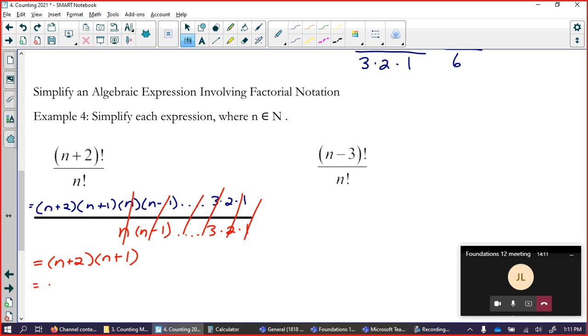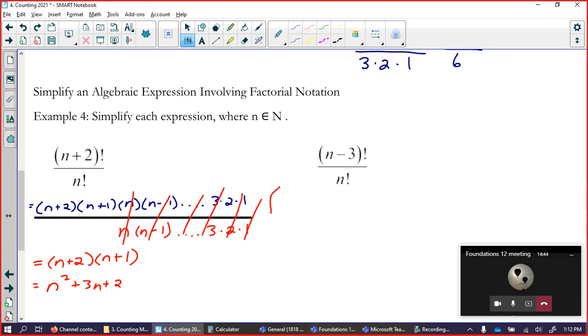And if we really wanted to, we could FOIL it and get n squared plus 3n plus 2. Why do we put the 3 times 2 times 1 at the end? I usually do just to show that all of the factorials go down to 1, regardless of where they start, if n is 14 or whatever. It's just a convention to show that we go all the way down to 1. Okay.